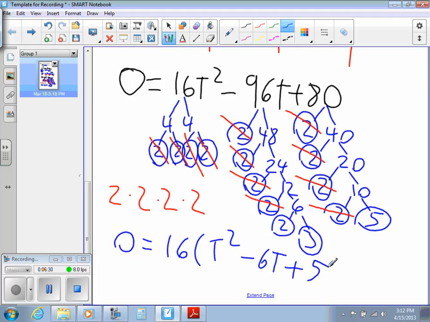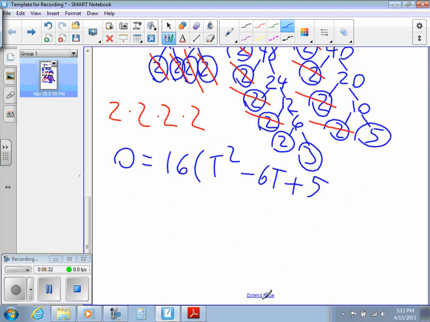Okay, let's extend the page here, and just to make this easier to read, I'm going to put in a line. And then we will keep going here. Oh, and we need to close our parentheses there. Now we're going to factor what we have in the parentheses. So let's do our box.